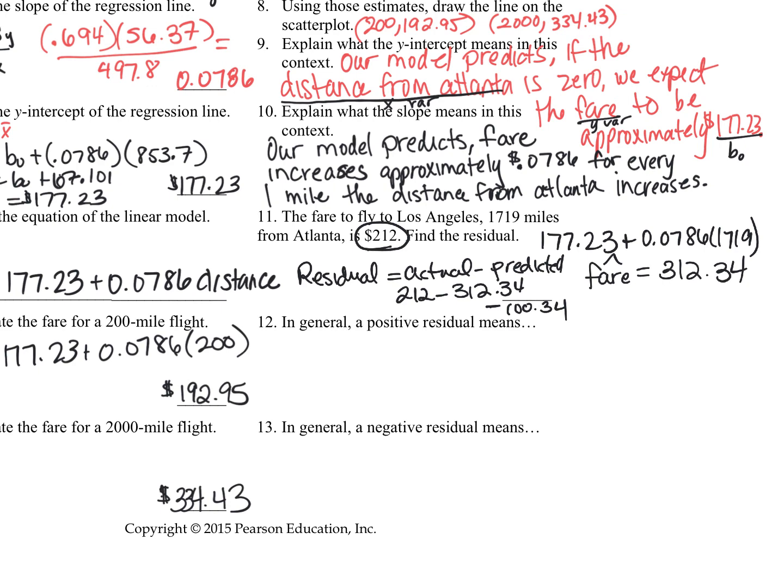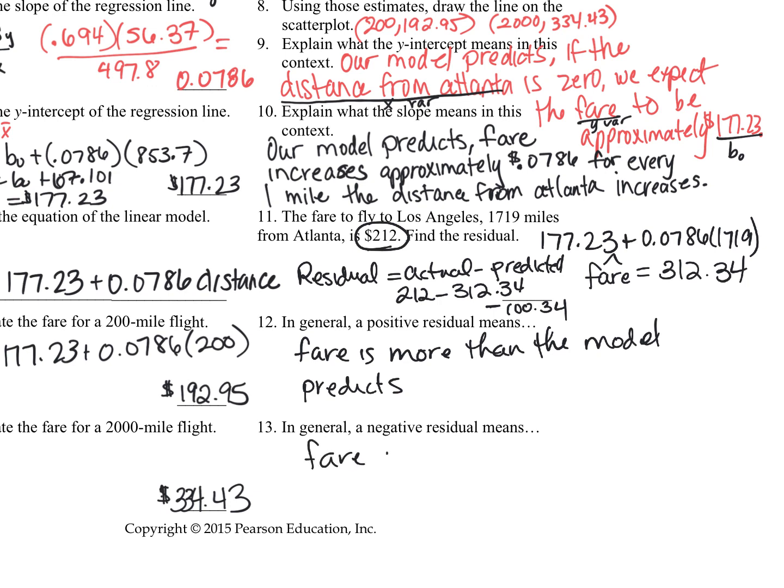The cost is less than our model predicts. A positive residual means the cost is more than our model predicts. Okay? Positive residual means that the fare is more than the model predicts. And the negative residual means the fare is less than the model predicts.